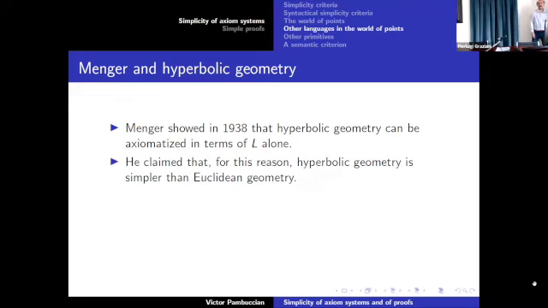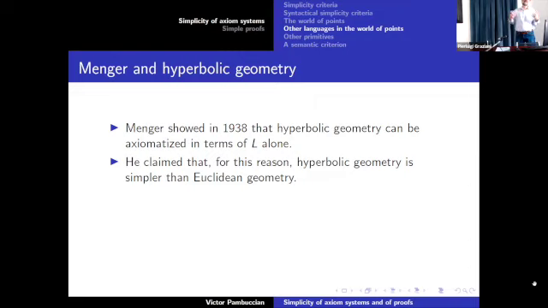So he claimed that for this reason, hyperbolic geometry is simpler than Euclidean geometry, because independently of the fact that Euclidean geometry is also axiomatizable in terms of a ternary relation, the kind of relation that hyperbolic geometry allows is intuitively very simple.